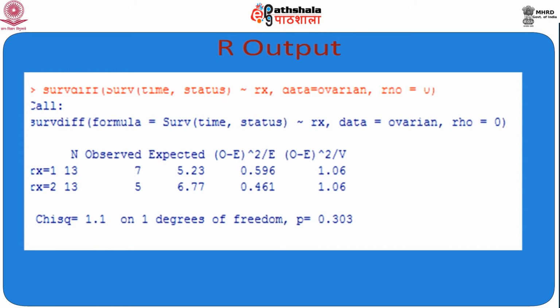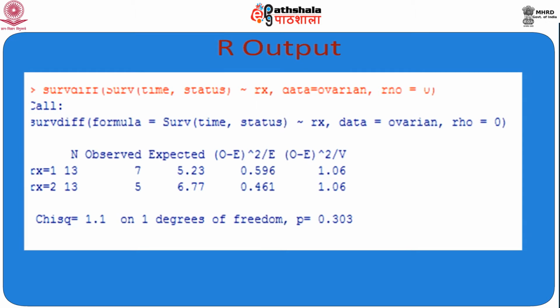It basically calculates the chi-square test, and as the chi-square test value we got 1.1 with 1 degree of freedom, and most interestingly the p-value is 0.303. That shows that there is no significant difference between these two arms when we calculate the log rank test.